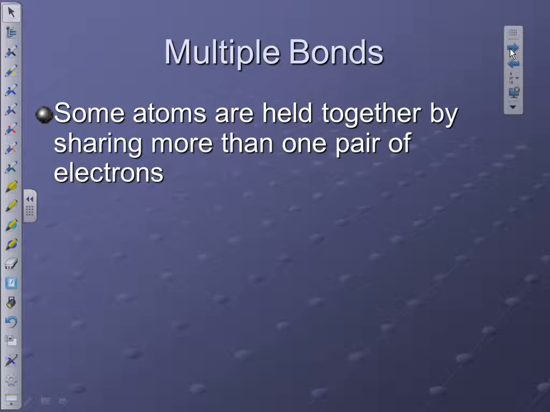Some atoms are held together by sharing more than one pair of electrons. When we drew the oxygen molecule, how many pairs of electrons did the oxygen molecule have? 2. Guess what we call that?